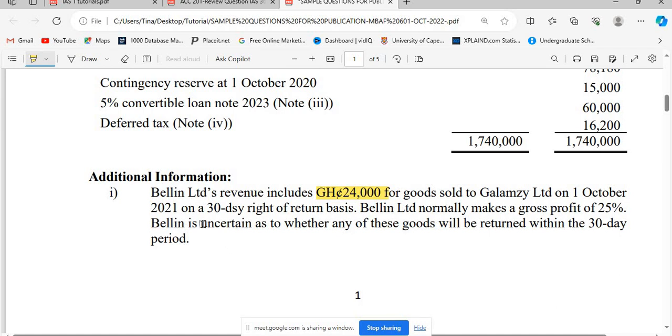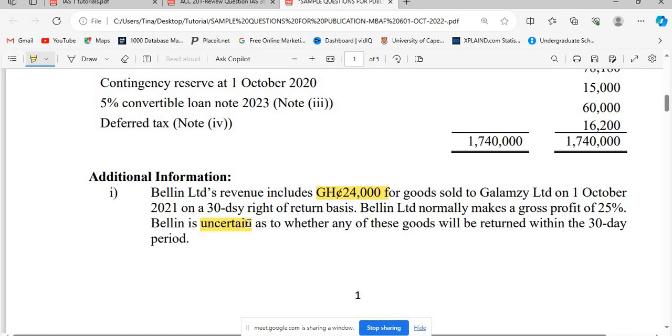So Berlin Limited has the right to fully recognize the revenue after 30 days. After 30 days, anyone who returns the goods will not be refunded. So within that 30 days, Berlin Limited has an obligation. Galamsey has the right, and Berlin has the obligation. And wherever obligation arises, there is a liability.